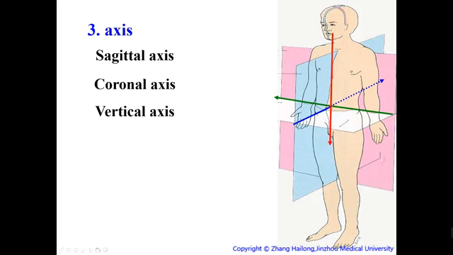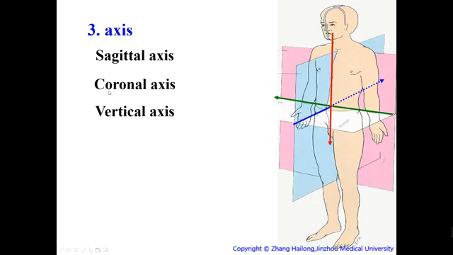The sagittal axis is the blue line, and this axis is from anterior to posterior. We name this the sagittal axis, and it is very like an arrow. When you shoot an arrow, the direction of the arrow is from posterior to anterior, or from anterior to posterior.